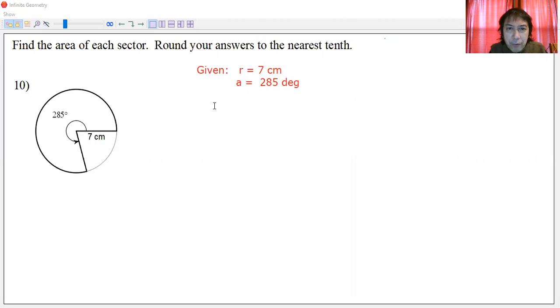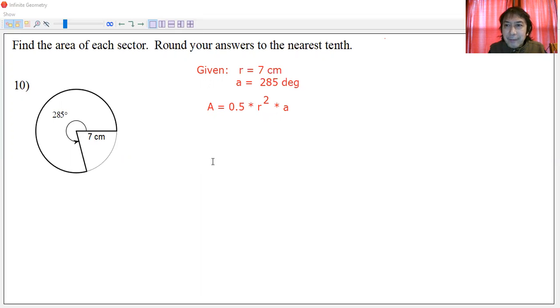Solve for the area of sector. We shall write the formula first. Area is, let's change the 1/2 to 0.5, 0.5 times r squared, times the angle.